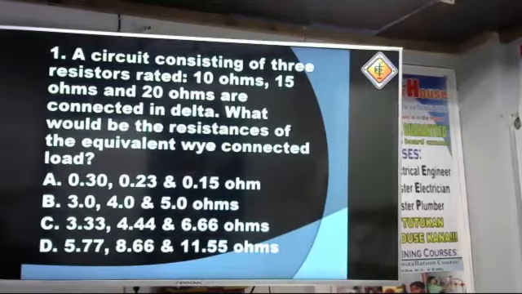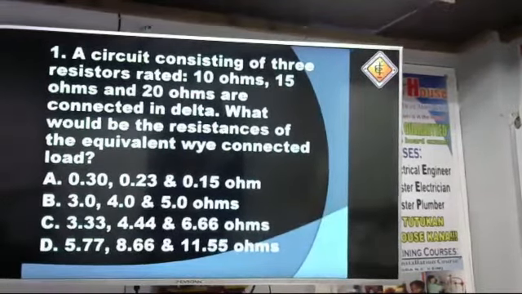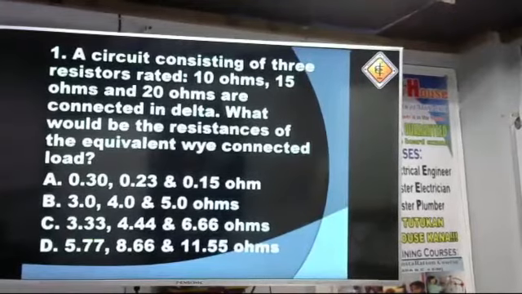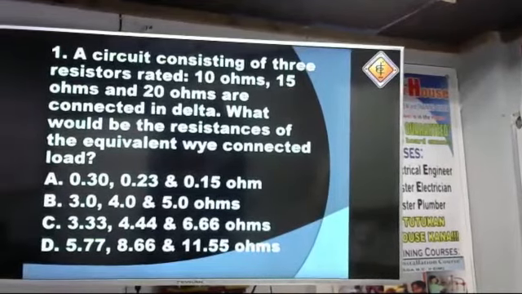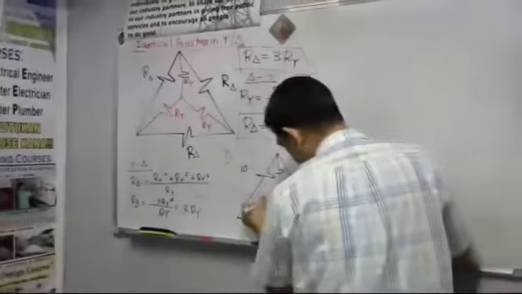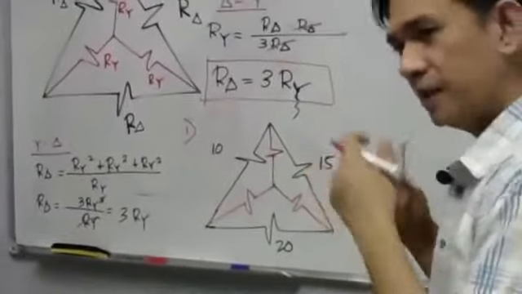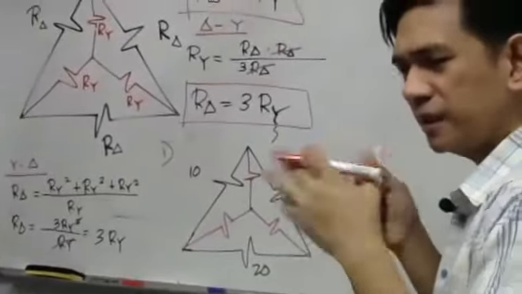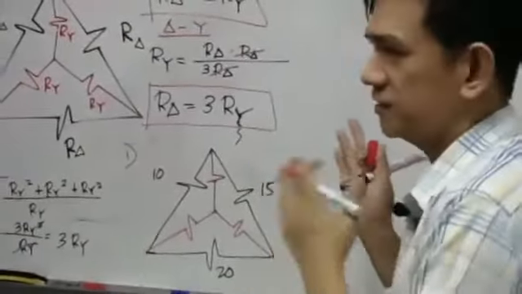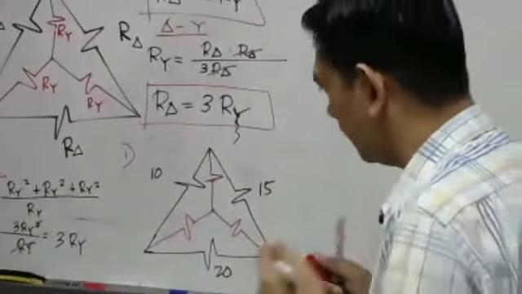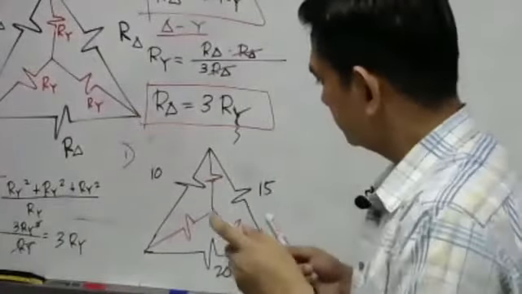What will be the resistances of the equivalent Y-connected load? Okay, so we are given here a Y-connected load. By the way, we also have some application here in alternators. If the alternator winding is connected in delta or Y, we may use this principle in analyzing alternators.